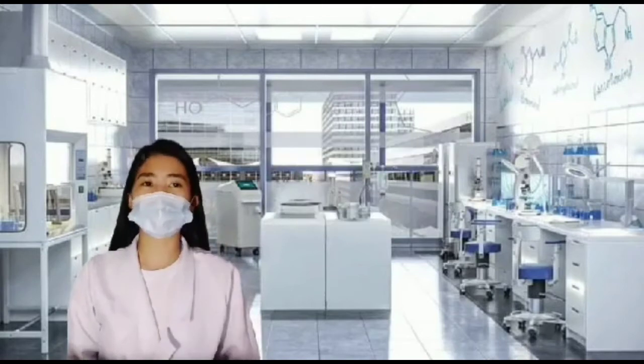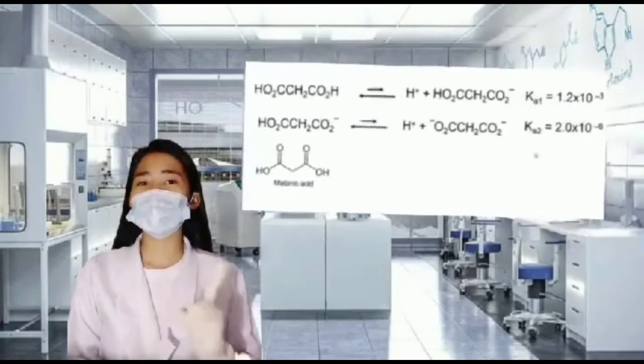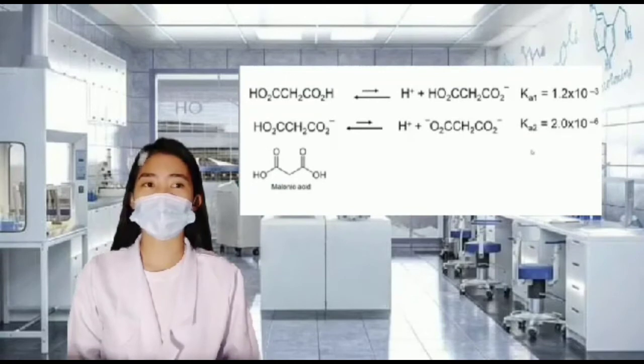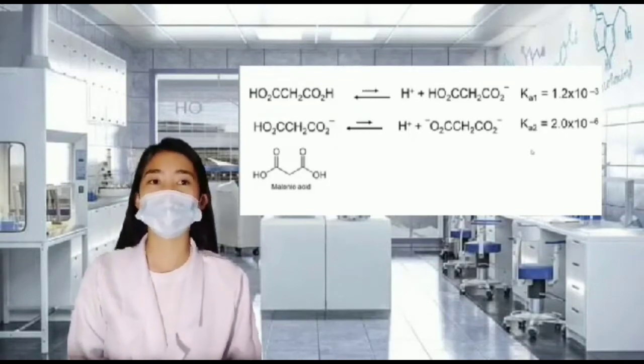My topic is all about polyprotic buffers. Many acids donate more than 1 H plus: diprotic acids donate 2 H plus, or polyprotic acids more. Let's examine a diprotic acid. Malonic acid is a dicarboxylic acid, and the first proton comes off when malonic acid is placed in water.